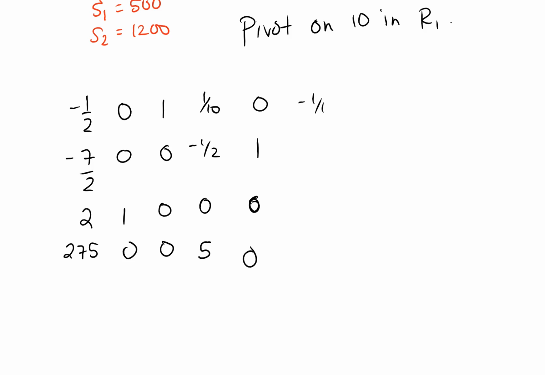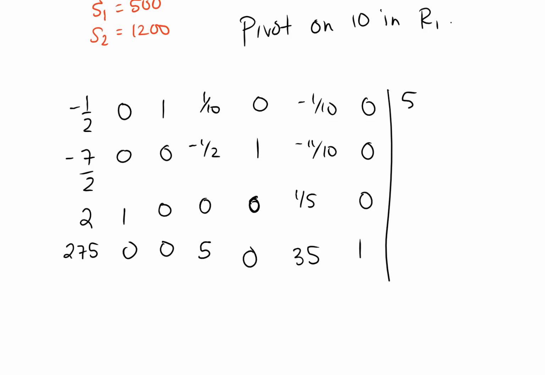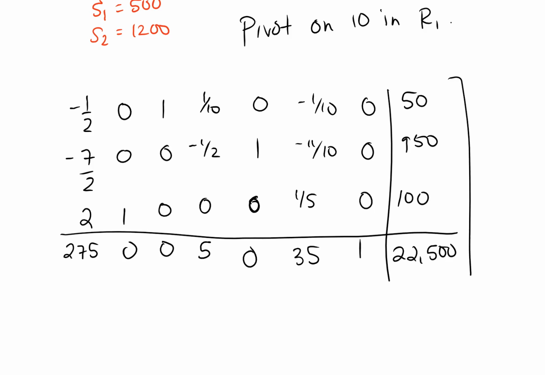Let's see, negative 1 over 10, negative 11 over 10, 1 over 5, 35, 0, 0, 0, 1, and finally the constants 50, 950, 100, and 22,500. Whew! It's a lot of work. Here we go. So let's see, first column we have x1, x2, x3, s1, s2, s3, and z.